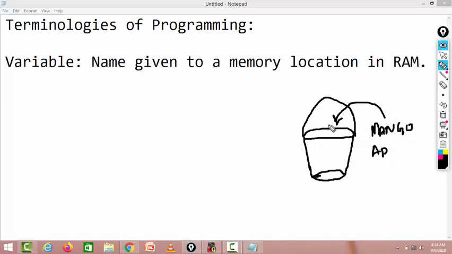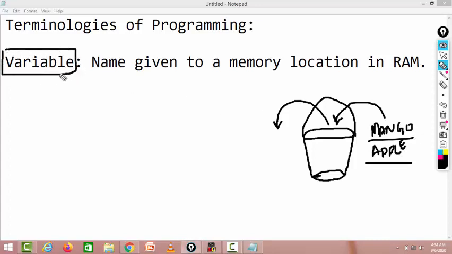If I take the mangoes out, then I can put apples in it. A variable is just like a basket. It stores your values. It basically stores your data in those baskets.